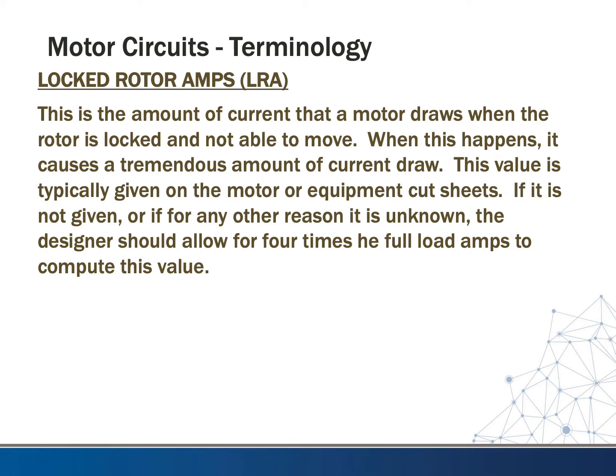When this happens, it causes a tremendous amount of current draw. This value is typically given on the motor or equipment cut sheets, either the value itself or a code. If it's not given, or if for any other reason it's unknown, the designer should allow for at least 4 times the full load amps to compute this value, but in many cases it's even more than that.